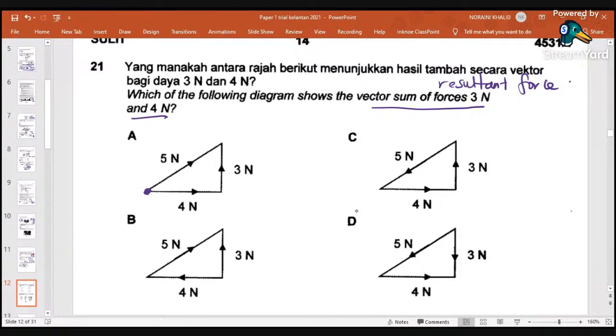So you have the first force 4 Newton followed by 3 Newton, and then from the same point there is 5 Newton. So for 21, obviously the answer is A. You can see the direction of the two forces, 4 Newton and 3 Newton, follow each other. Then this is the net force. The rest all have the wrong direction.